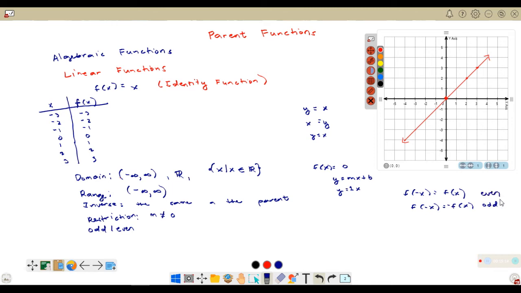So, check natin. If your x is equal to 3, what will happen to your function? So, f of x will be equal to 3. Now, let's check. If we use negative x, you will end up with negative 3. Substitute natin. F of negative 3 is equal to negative 3.